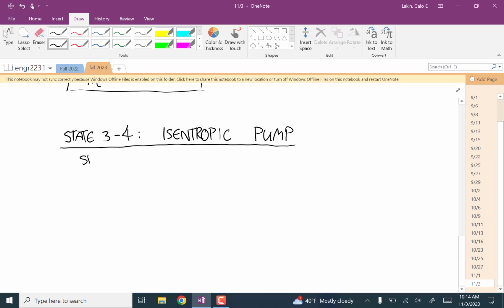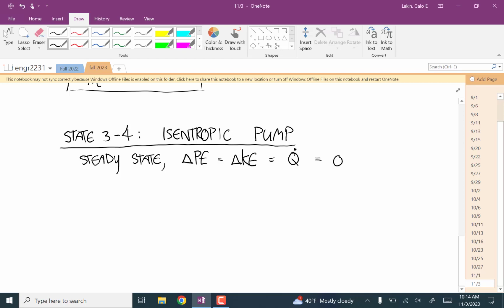We're going to assume this is steady state. And we're going to assume that the change in potential energy, the change in kinetic energy, and, since it's isentropic, Q dot also, all have to be equal to 0.